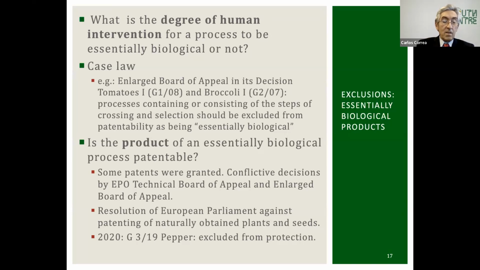There was also an intervention by the European Parliament against this possibility of granting a patent on a product which is the result of the essentially biological process. And then finally, the European Patent Office reversed its position on this in the case mentioned in the slide, the pepper case, and clarified that a product which is obtained through essentially biological processes is not patentable. Next one, please.